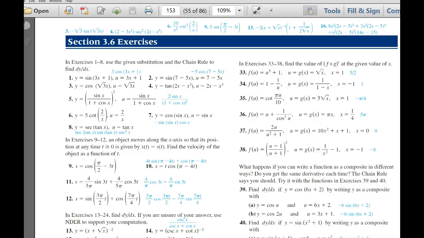Did everybody get 3 cosine of (3x plus 1)? Yes. Wait, why 3? Because the derivative of the outside is cosine, keep the inside the same, and then times the derivative of the inside, 3, and they just put the 3 in the front.